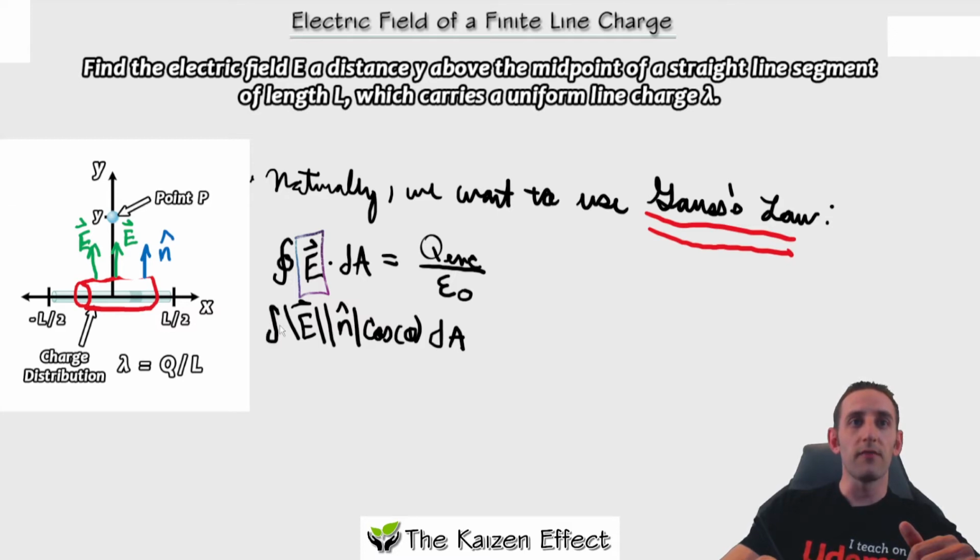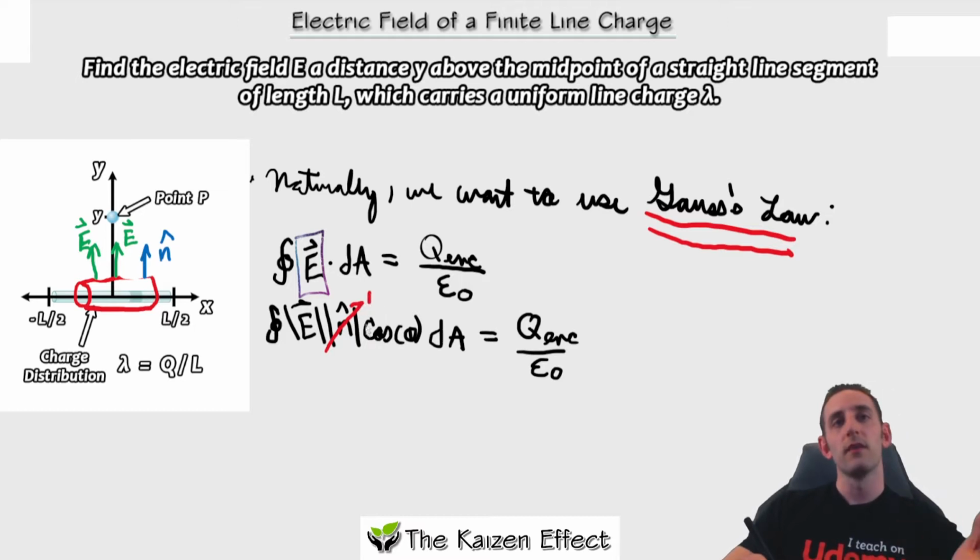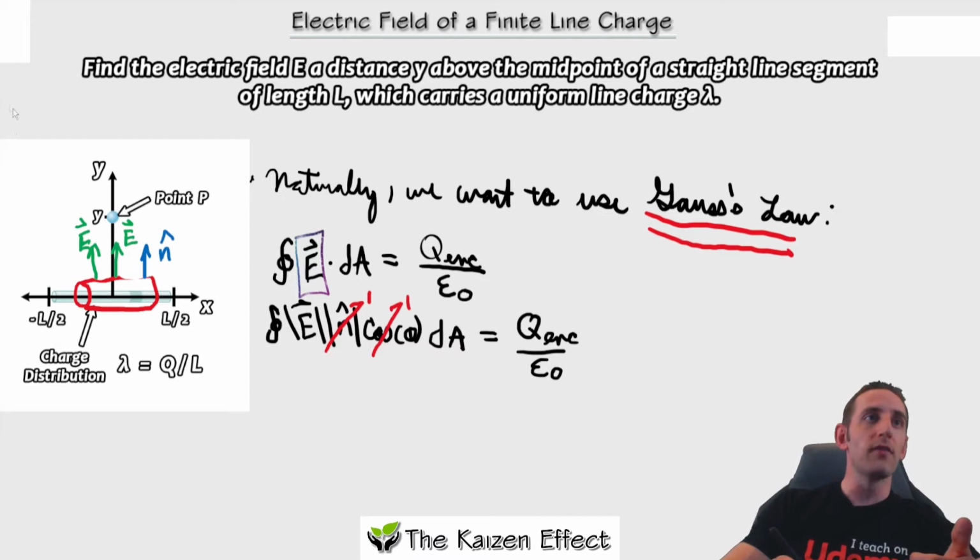And I'll write out the rest of this equation. We still have our Q enclosed over epsilon naught, our proportionality constant. Basically what we find is that, well, this guy is 1 because the magnitude of a unit vector is always 1. But this angle is 0, so cosine 0 just gives us 1. And what we end up with is we can pull this guy out because it just becomes a constant.